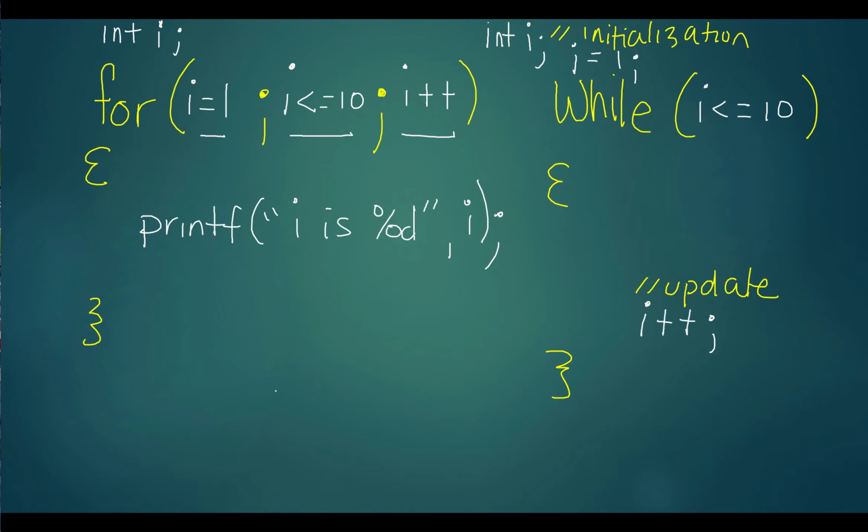Now just as a refresher, i plus plus can also be written as i equals i plus 1, which can also be written as i plus equals 1. These are three different ways to do the same thing. You can only use the plus plus if you want to go up by 1, and minus minus if you want to go down by 1.